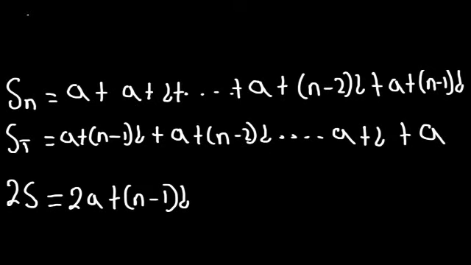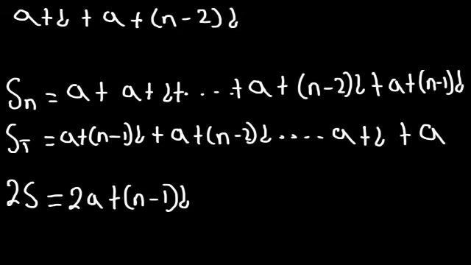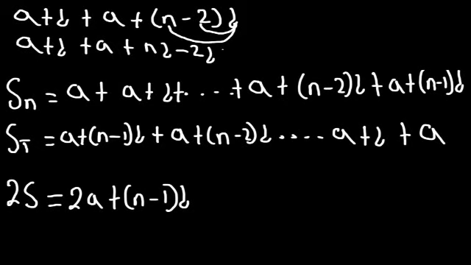So let's see. If I have A plus D and I want to add it to A plus (n minus 2)D, let me try to distribute this D for everything I have within it. So I should have A plus D plus A plus nD minus 2D. And it turns out that I have some like terms currently, so I can add them up.